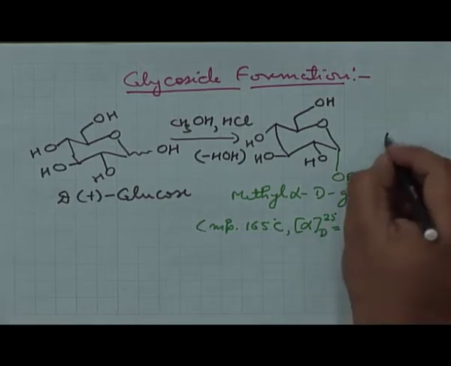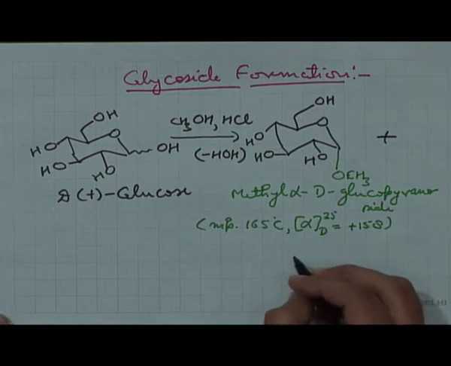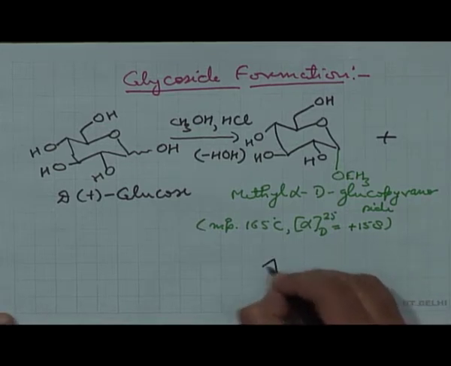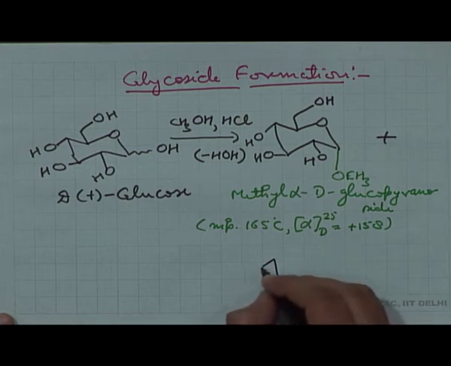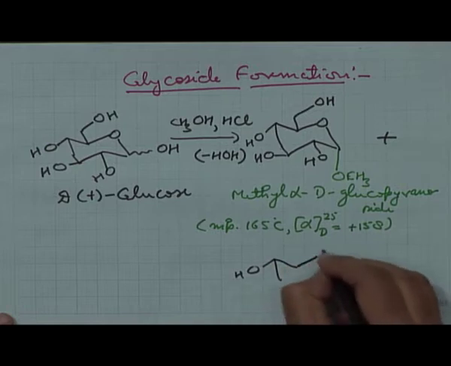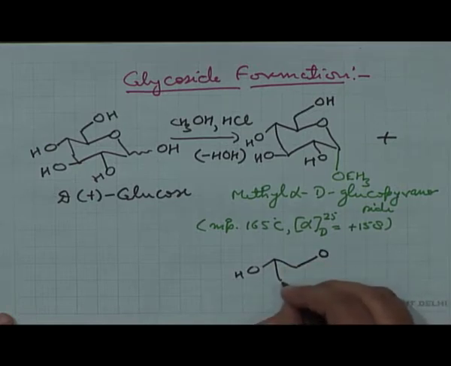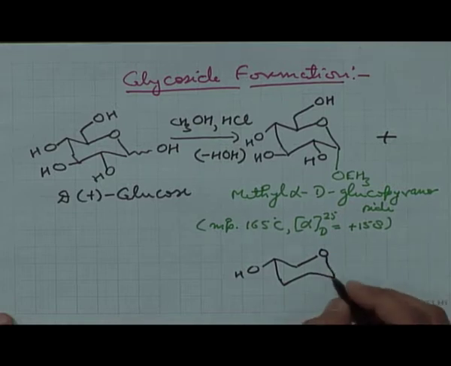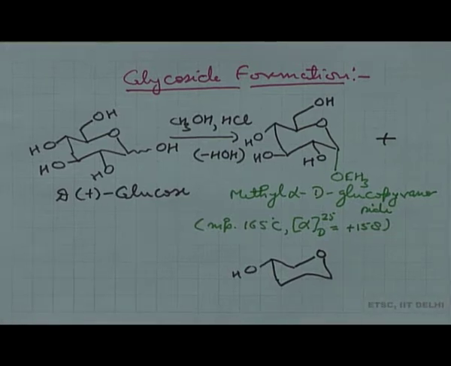The other product is methyl beta D glucopyranoside, which is very similar to the alpha D glucopyranoside. However, the methoxy group here is attached to the anomeric carbon at the equatorial position.